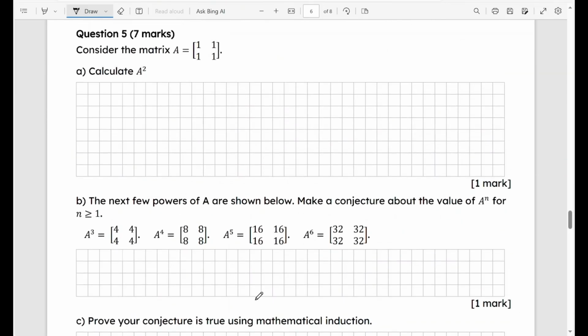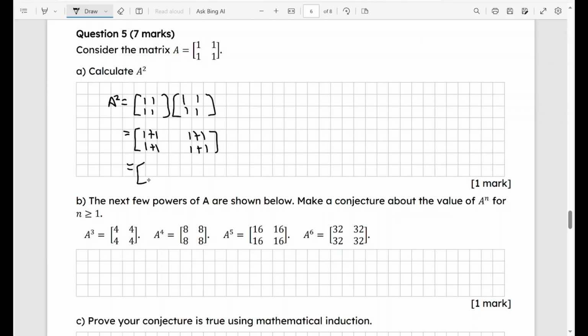Next, we have this matrix here, and we want to calculate A squared. A squared is [1 1; 1 1] times [1 1; 1 1], which is 1 plus 1. So that would be doing the first row, first column. You get 1 plus 1 there, 1 plus 1 there, 1 plus 1 there.